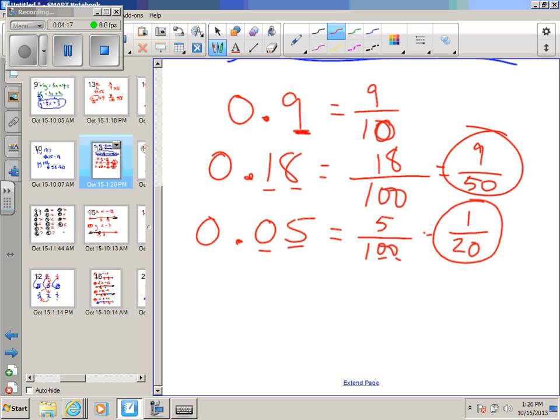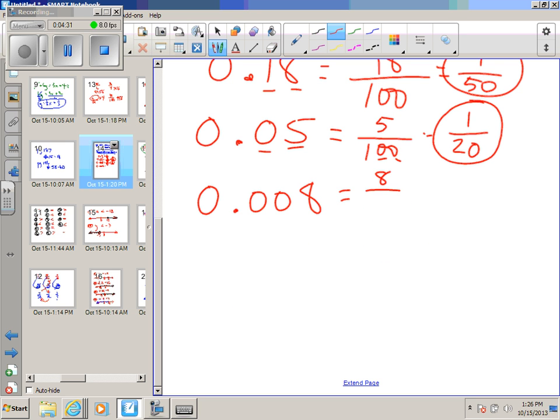Sometimes you will see even like this. Your 8 is now occupying what place? The 1,000th place. 8 over 1,000 can be simplified because not only do they have 2 in common, but they also have what, Raven? 4.